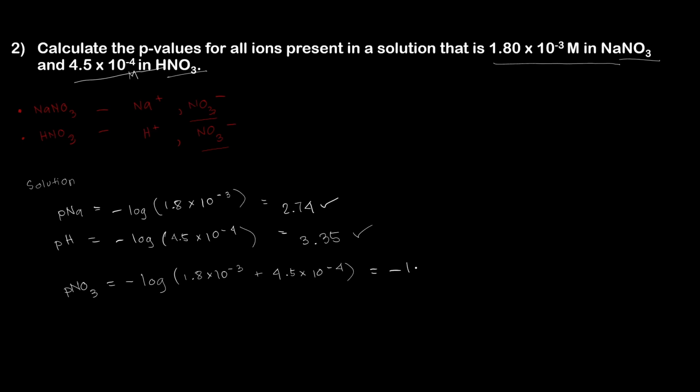So adding it up, that would be 2.25 times 10 to the negative 3. And then the pNO3 is 2.64. Okay, so that's basically like the last problem, right? So we have the pNa, pH, and pNO3.